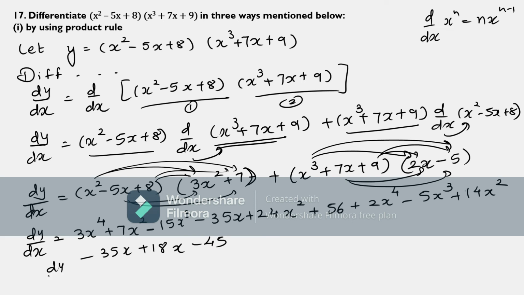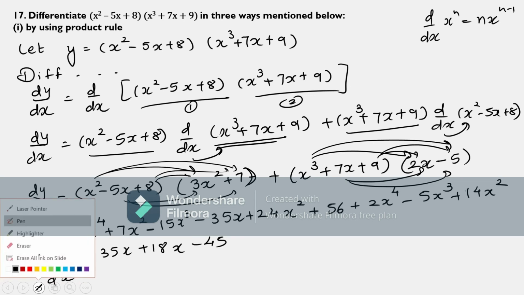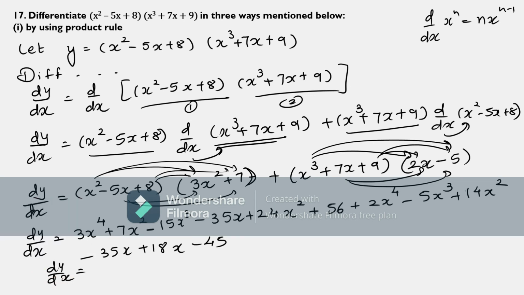So dy by dx is equal to, writing the answer. Let us see the power form. First of all, the highest power should be mentioned. So it is 3x to the power 4 and 2x to the power 4, it's 5x to the power 4. And the next is x cube: minus 15 and minus 5, so it's minus 20x cube.